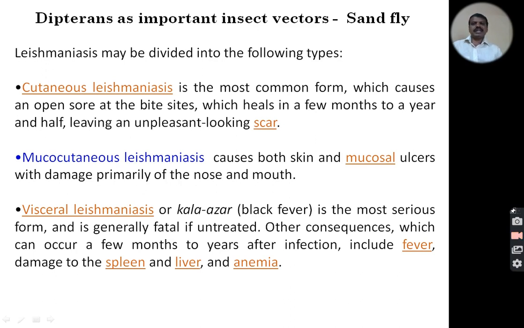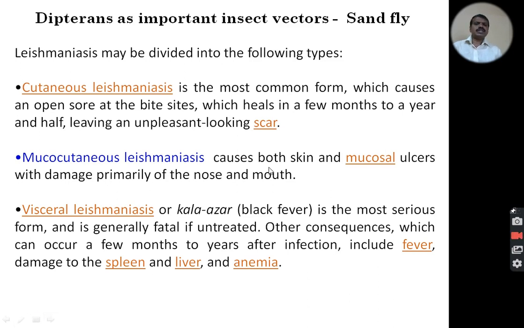Cutaneous leishmaniasis is the most common form, which causes an open sore at the bite site, which heals in a few months to a year and a half. The skin ulcers usually leave unpleasant looking scars on the skin.